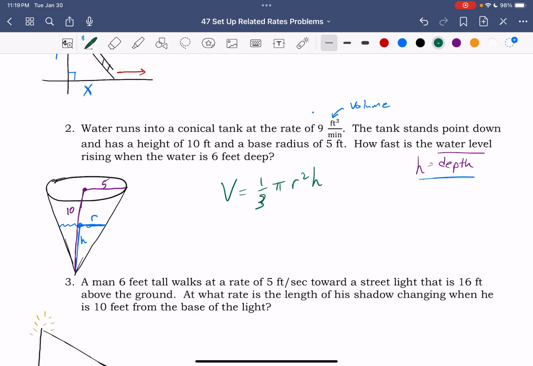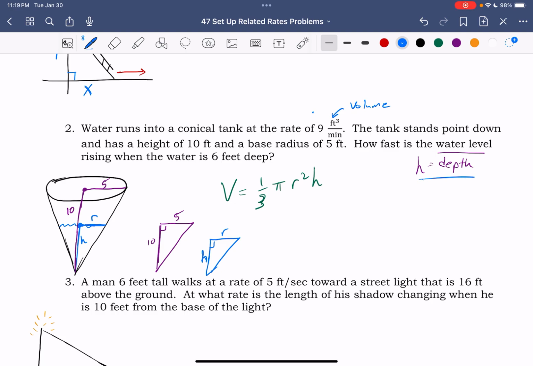And so we can see here that if we take these two, where this is 10 and 5, and then we have our height and our radius, these are going to be similar triangles, and this is going to be something that shows up quite often for us in these problems.